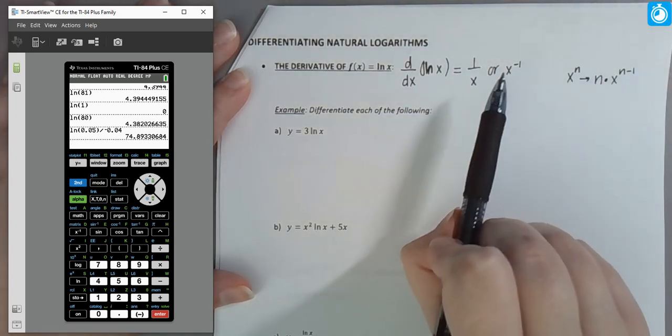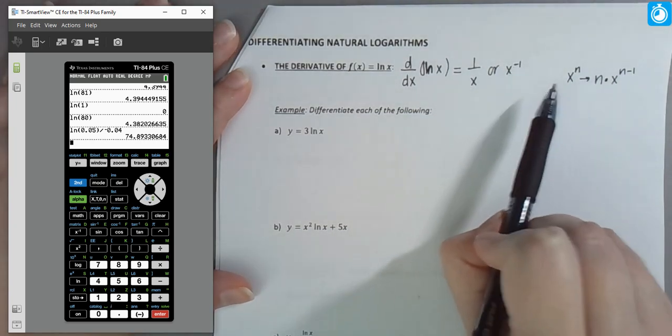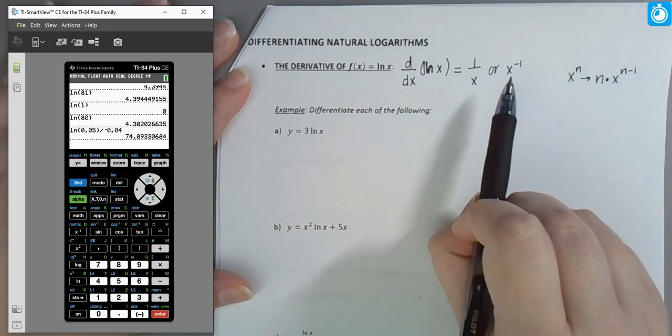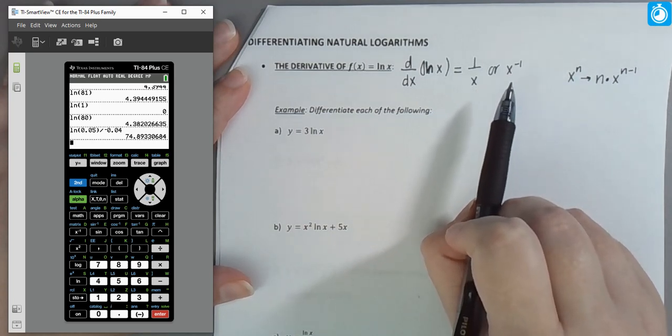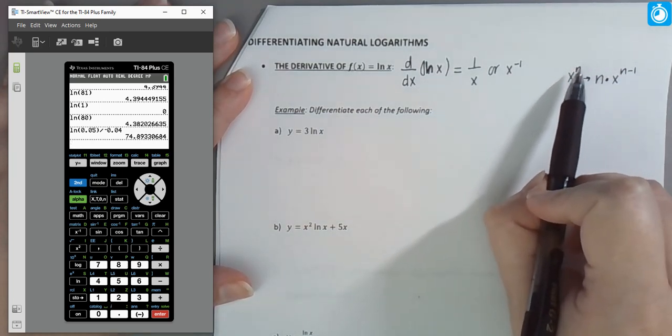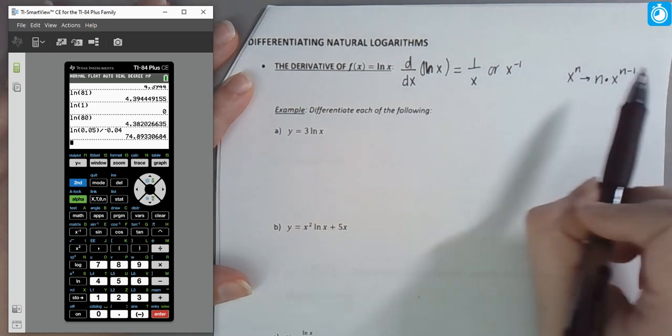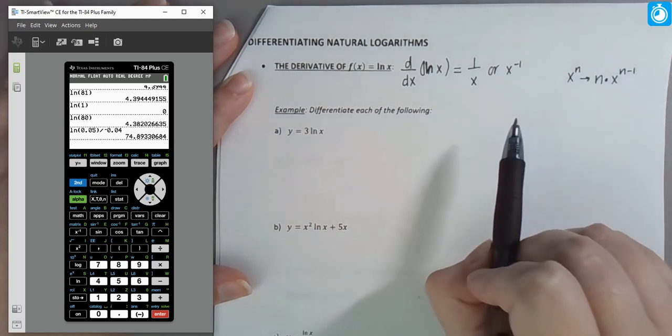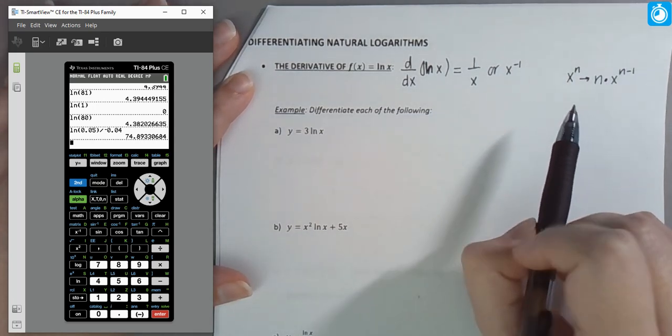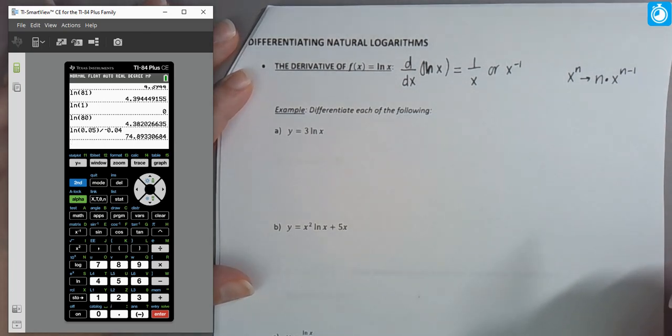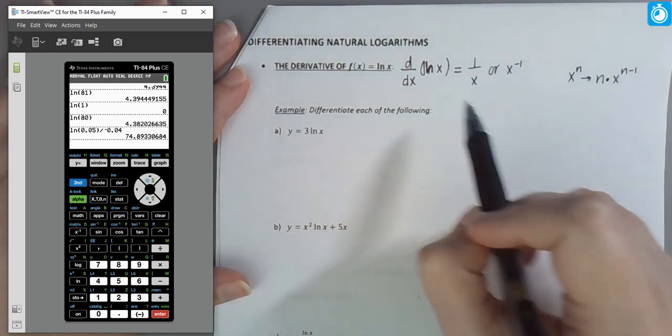Well, how would you get to an exponent of negative 1 using the power rule? In order to get to an exponent of negative 1, you would have had to have started with an exponent of 0 in order to subtract and get to a negative 1. Well, anything with an exponent of 0 is really just a constant though. And we know if we take the derivative of a constant, it just goes away, it just goes to 0. It doesn't generate anything like this.